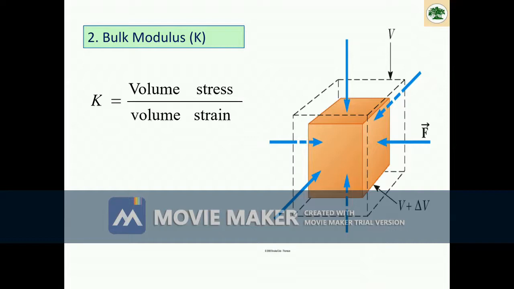On that body the force is applied from outside and there is a change in the volume of the body. Initial volume is V, and after the application of the force, the change in volume is dV. We call it the change in the volume.